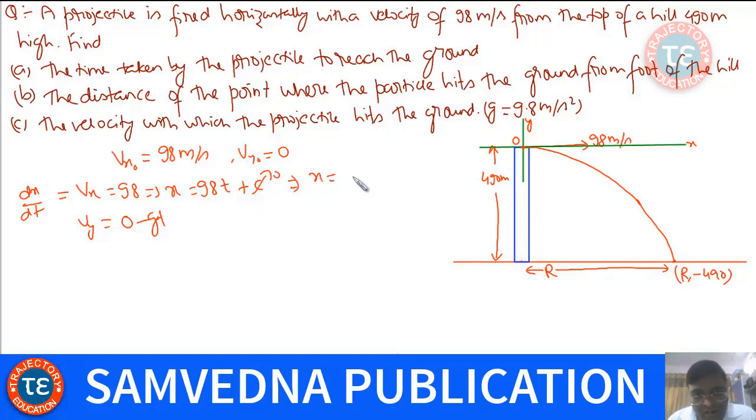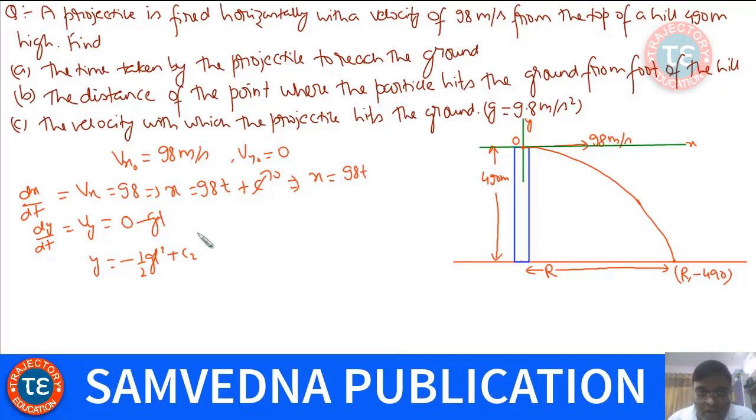So the x coordinate is going to vary like this equation, and Vy is minus gt, which is equal to dy by dt. So y is going to vary like minus 1 by 2 gt square plus c2, and c2 will also be 0.